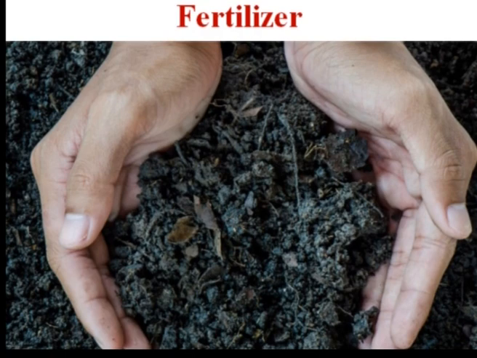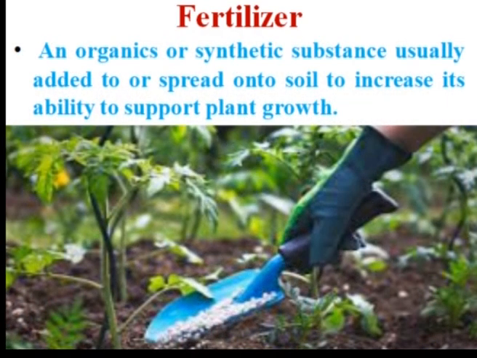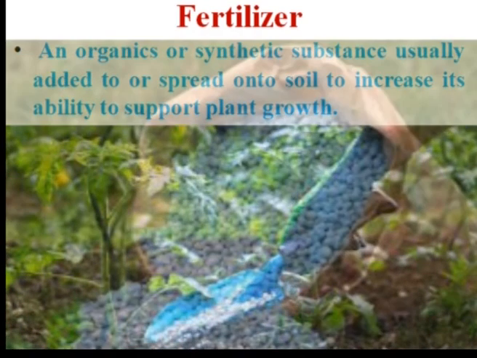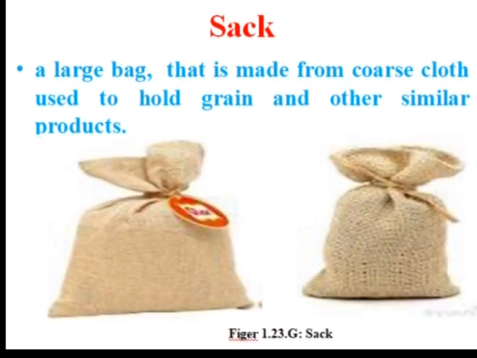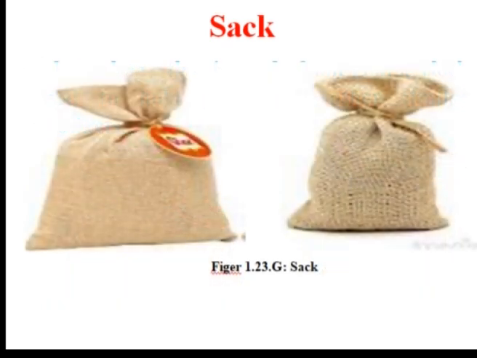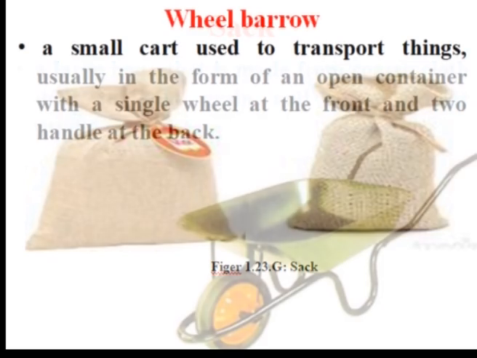Fertilizer is an organic or synthetic substance usually added to or sprayed onto soil to increase its ability to support plant growth. Sack. Sack is known as a large bag that is made from coarse cloth used to hold grain and other similar products.